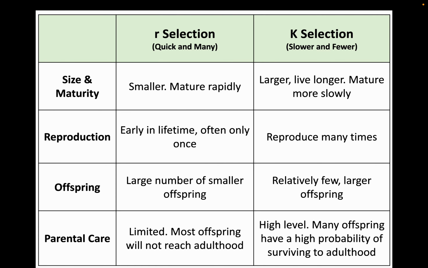They're not going to have as much offspring as an R-selected species. They will have fewer offspring, but there will be a high level of parental care, trying to make sure that fewer number of offspring actually survive to adulthood, where they will also then go through reproduction and living longer in this side of things. So again, it's important you know which are R selections and which are K selections.